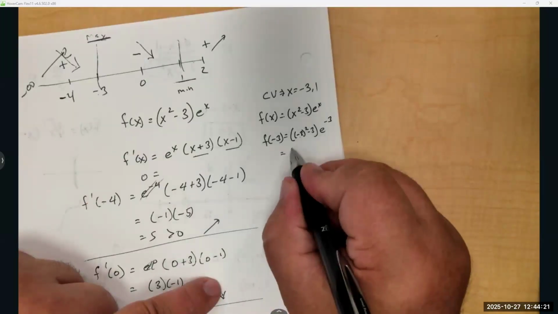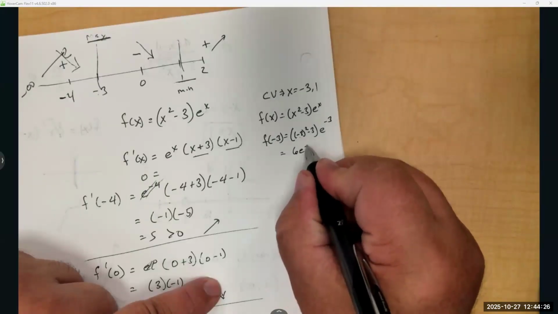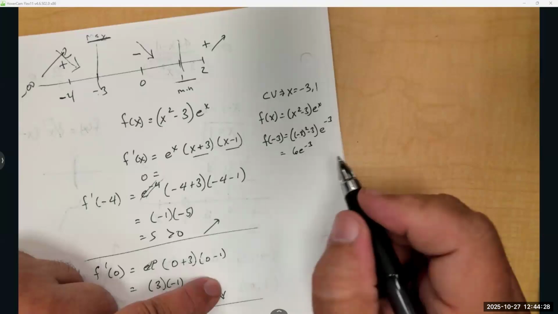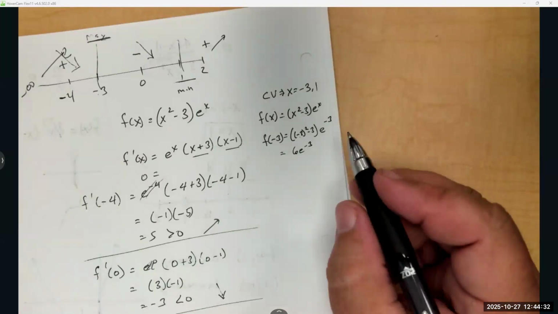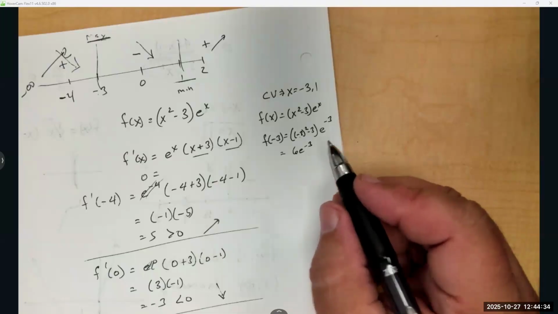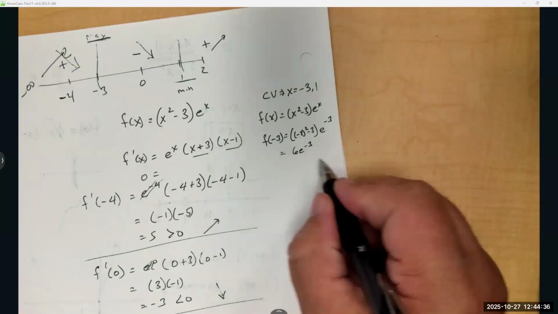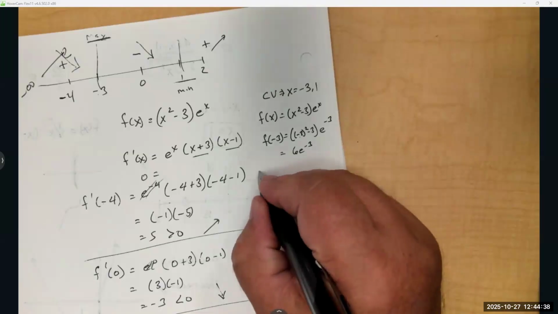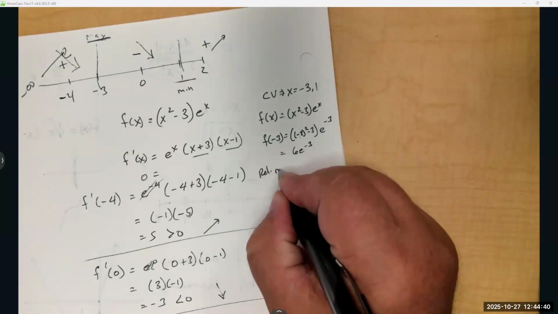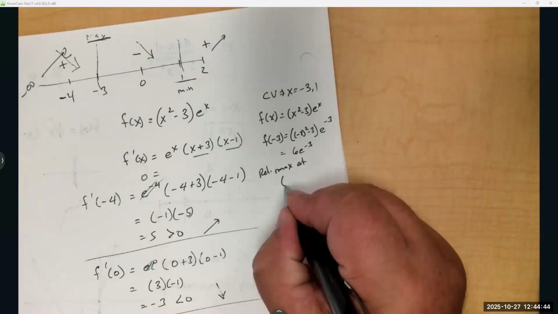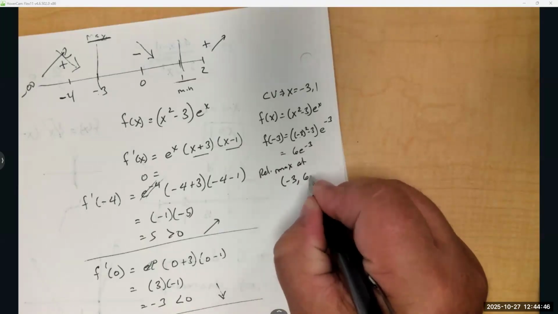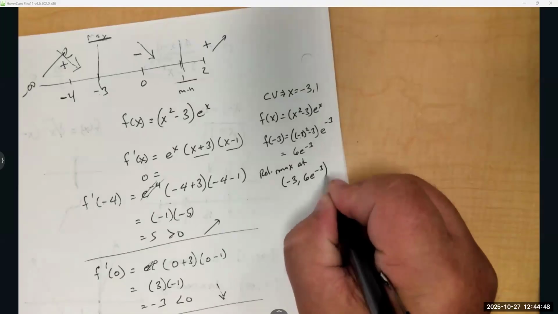So -3 squared is 9, and 9 minus 3 is 6, times e to the power -3. So that is my relative maximum, or local maximum, at -3: 6 e to the power -3.